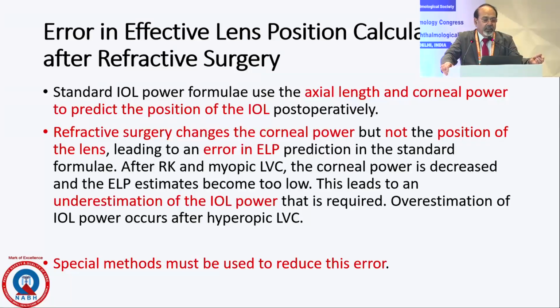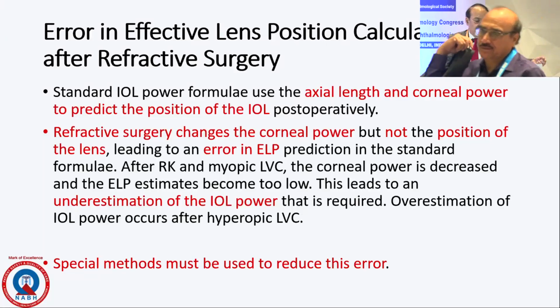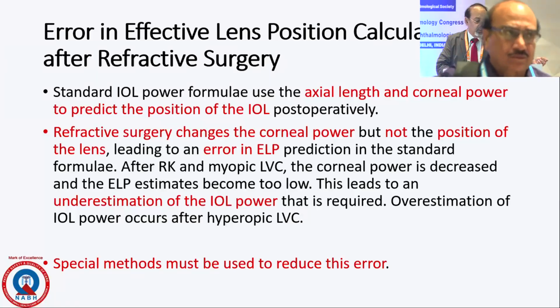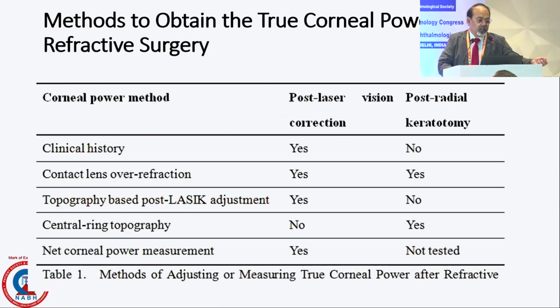The other thing, as I said, is the effective lens position, and this matters when you are calculating. Because of the curvature of the cornea, the effective lens position is erroneous in calculation, and this causes underestimation of the IOL power, so special methods are to be used.